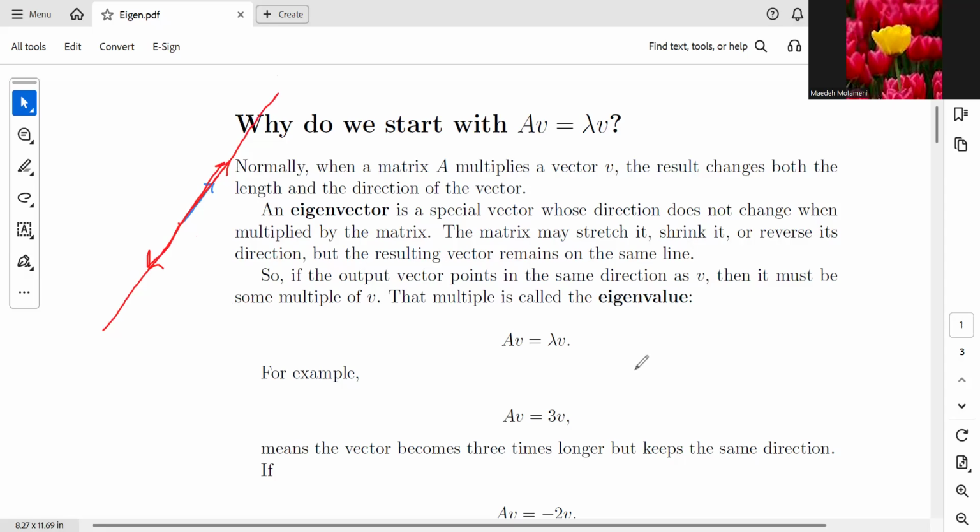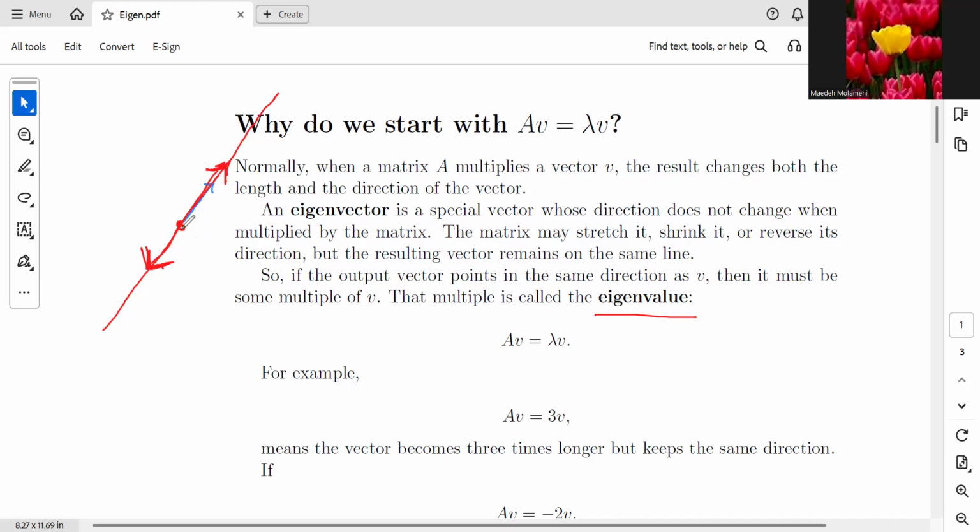If the output vector points in the same direction as nu, then it must be some multiple of nu. That multiple is called the eigenvalue. So if the red ones are the eigenvectors, there is a relation between the length of the blue original one and the length of the new ones.